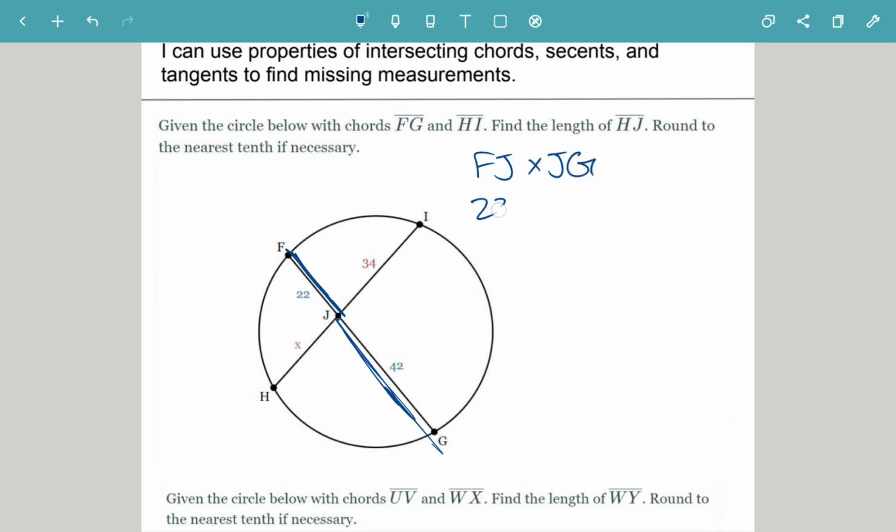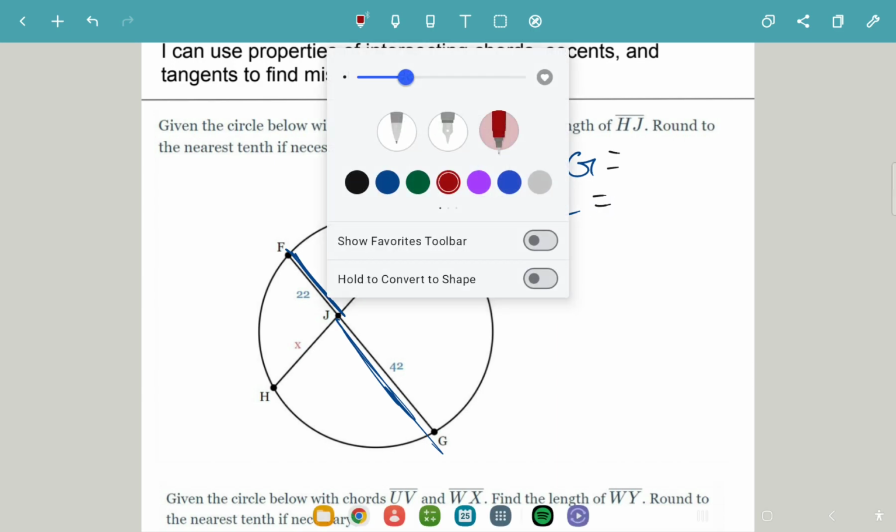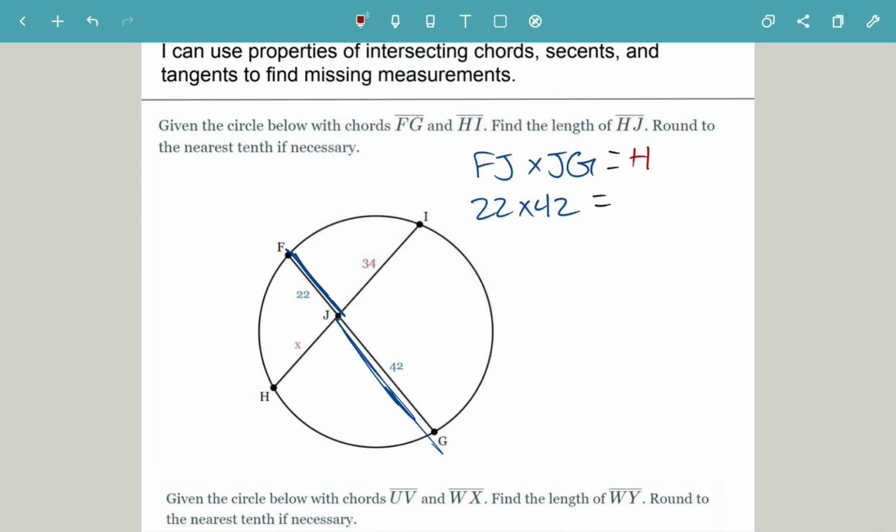So that's 22 times 42 equal to HJ times JI, which is X times 34. 22 times 42 is 924 equals 34X.